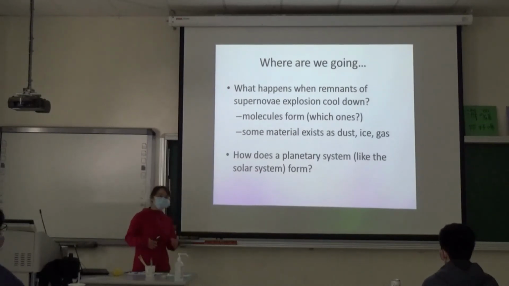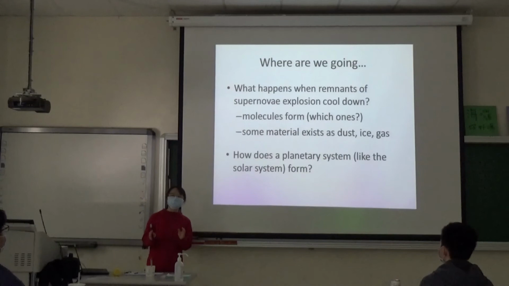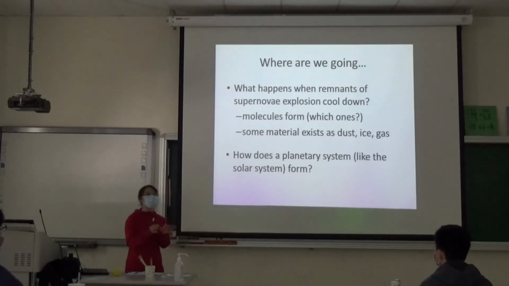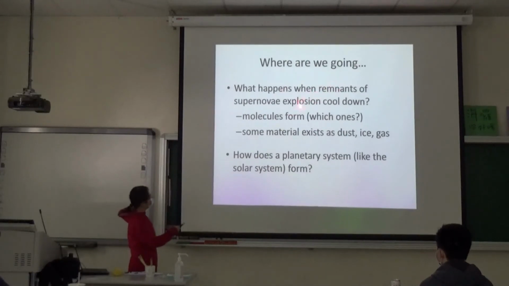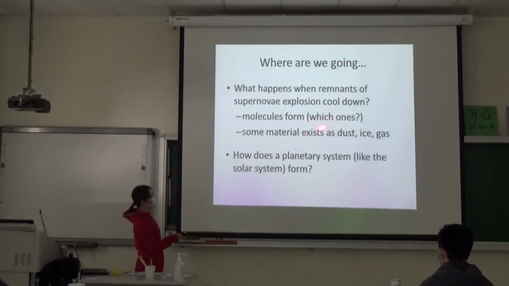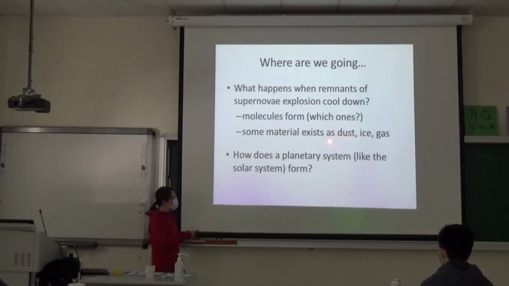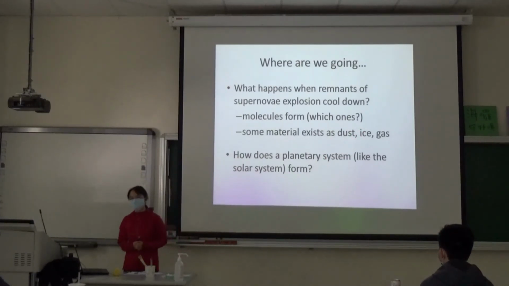Because so far in this class we only talked about elements. We did not talk about molecules. But actually in the supernova explosion remnants, there are molecules. And of course, the question is which ones? We also know that there are materials in the form of dust, ice, and gas.